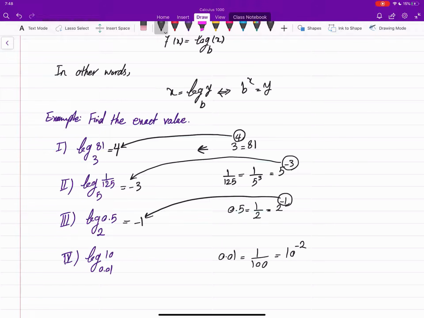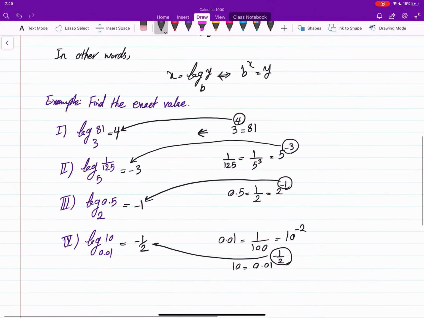But we are looking for 10. How can we write 10 as some power of 0.01? Well, if you take the negative 2 root of both sides, you get 10 is 0.01 to the power 1 over negative 2. So that is why we have negative 1 over 2 there.